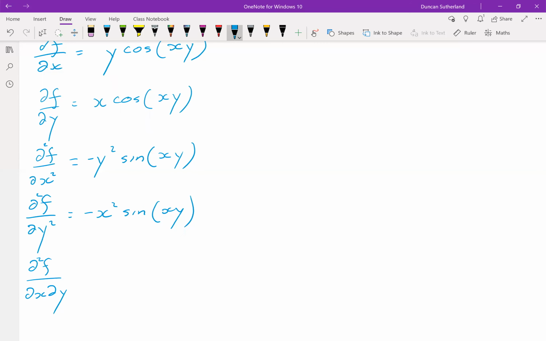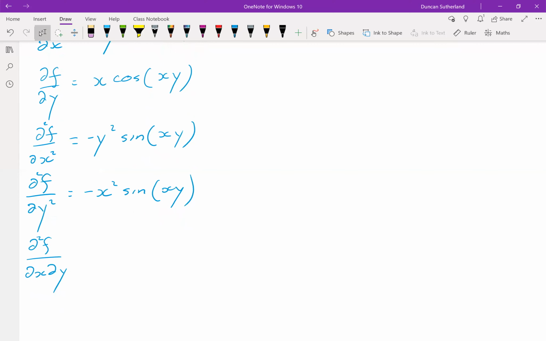So you've got to differentiate x cos(xy), which means we need to use the product rule. Differentiate the first one, leave the second one alone, plus differentiate the second one, leave the first one alone. Remember, we're doing this with respect to x now. So you differentiate cosine with respect to its argument, you get minus sine. y is a constant, which by the function of a function rule has got to pop out the front.